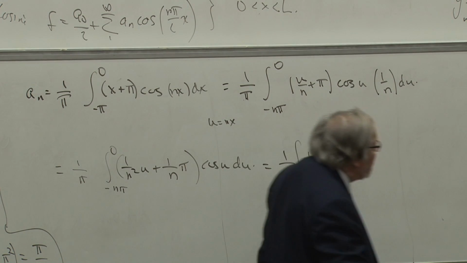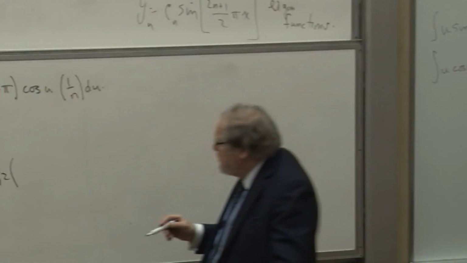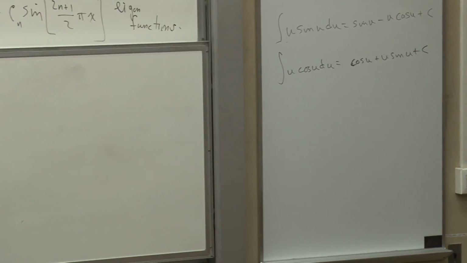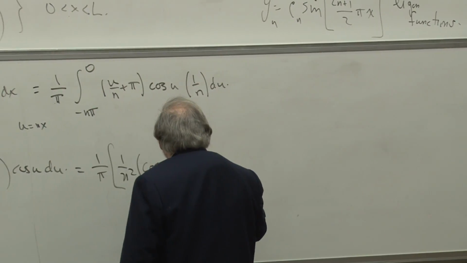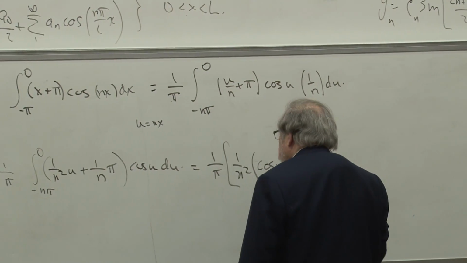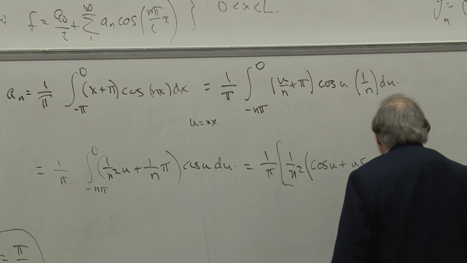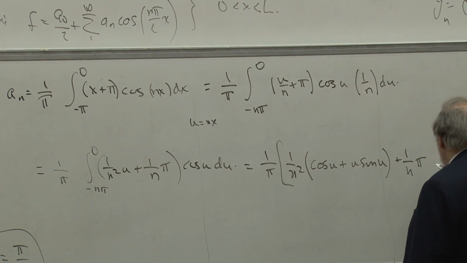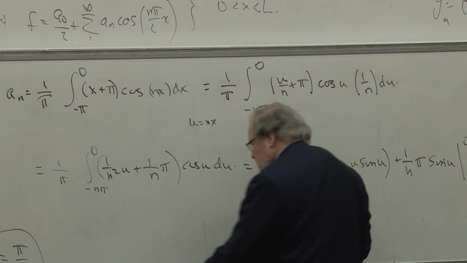That's cosine u plus u sine u. Plus 1 over n pi, cosine of u, that's sine u, from negative n pi to 0.